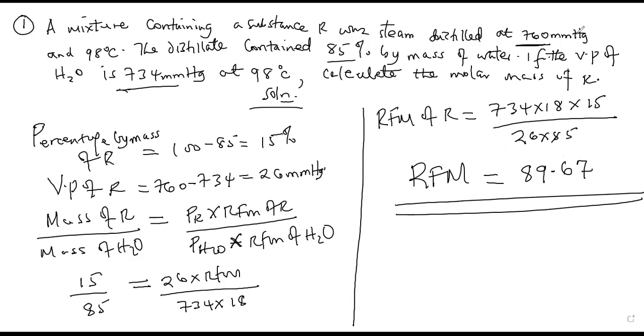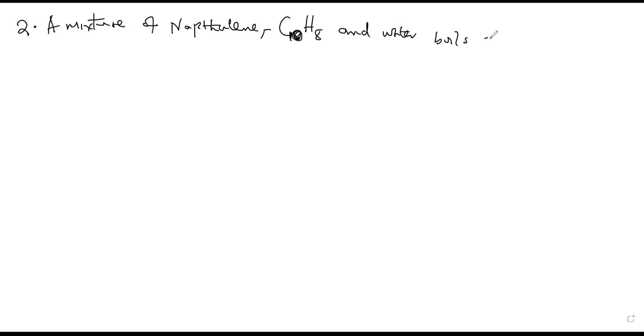Example 2. Let's do example 2, and we see a mixture of naphthalene, which is C10H8, and water distills, not boils, distills at 98.3 degrees Celsius and 753 millimeters of mercury.